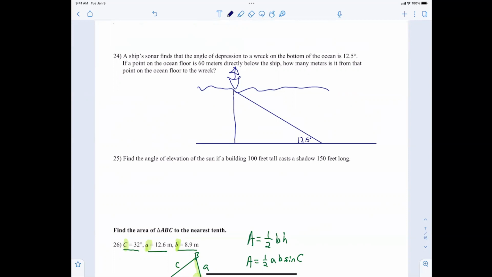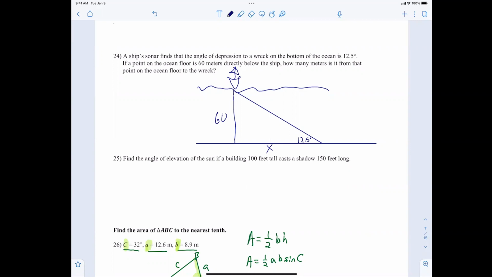If a point on the ocean floor is 60 meters directly below the ship, how many meters is it from that point on the ocean floor to the wreck? That's what we're looking at. Does everybody agree with that? Correct? Setting it up is the hard part. The trig is the easy part.